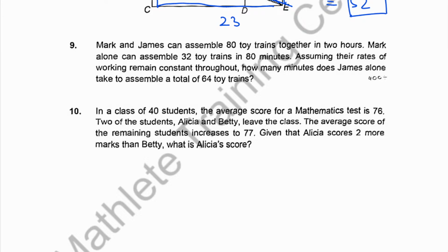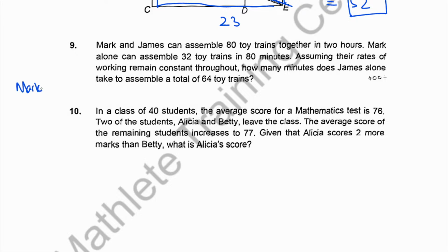So for question 9 and 10, Mark and James can assemble 80 toy trains together in 2 hours. Mark alone can assemble 32 toy trains in 80 minutes. So let's figure out how many toy trains he can assemble in 2 hours.